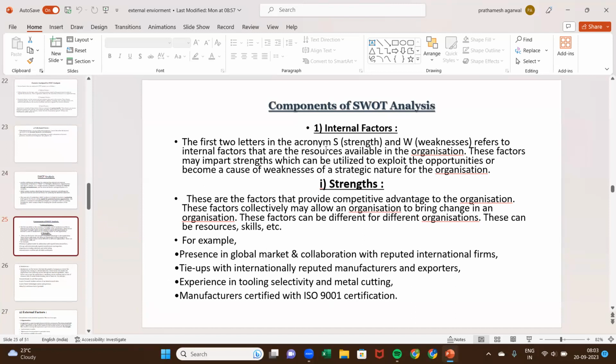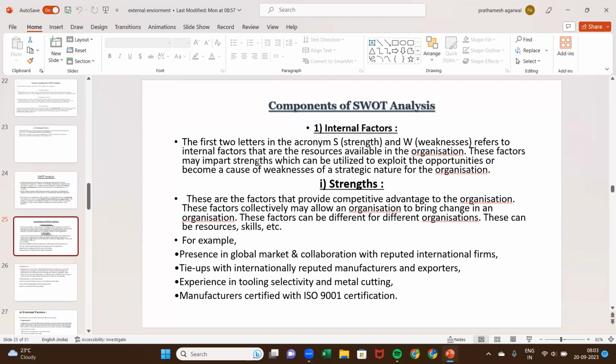Now, what are the components of SWOT? We have the internal factors and we have the external factors. The first two letters, S and W, stand for strength and weakness, and refer to the internal factors, that is, the resources available in the organization.